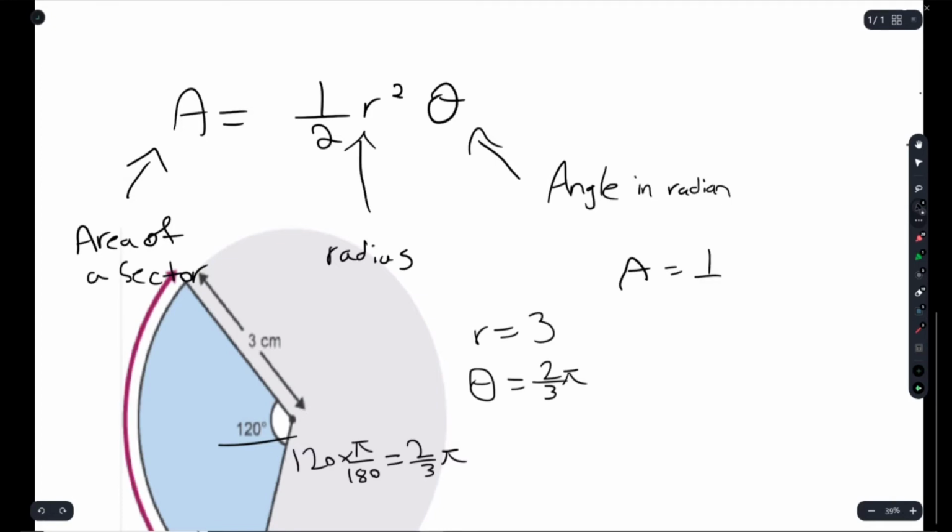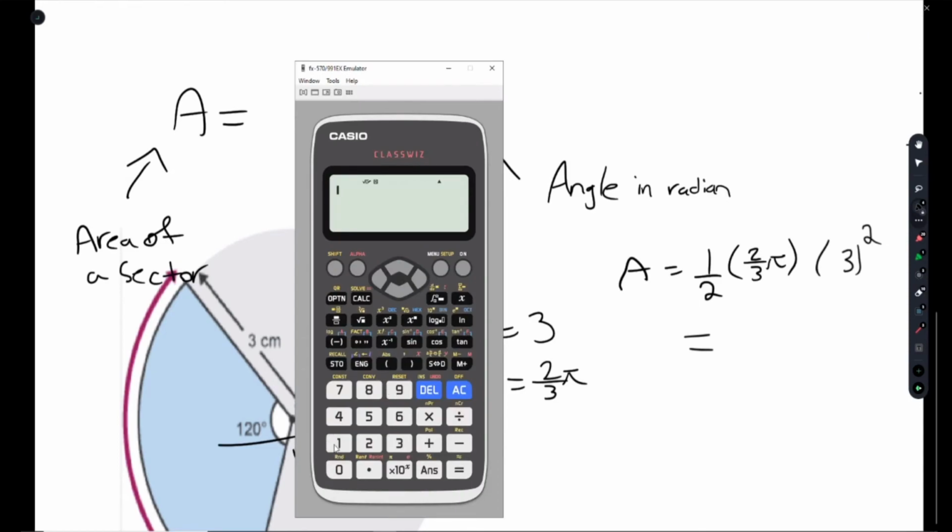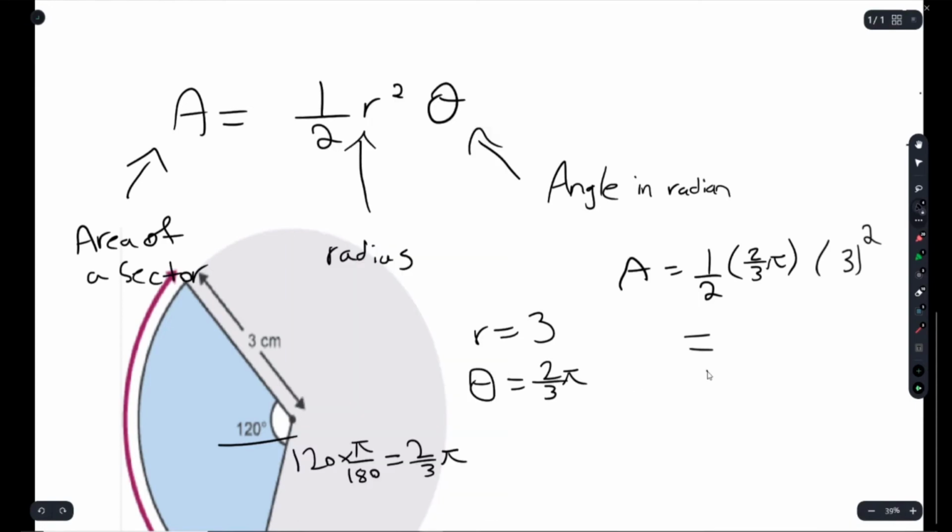A is equal to 1 over 2 times 2 over 3 pi squared times... no, this is not squared. This is the theta, times 3 squared. So equal to, just use a calculator, 1 over 2 times 2 over 3 pi times 3 squared. So the answer is 3 pi.